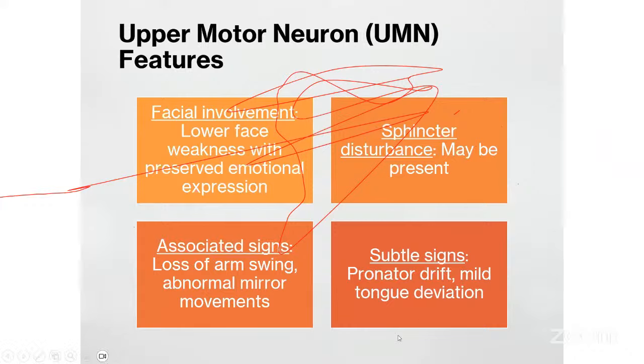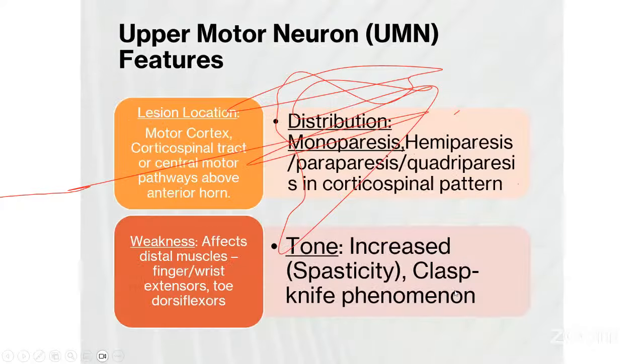In the UMN features, facial involvement with lower face weakness and preserved emotional expression will be there, and sphincter disturbances may be present. Associated signs are loss of arm swing, abnormal mirror movements, and subtle signs. If they have mild weakness, pronator drift and mild tongue deviation can be seen.